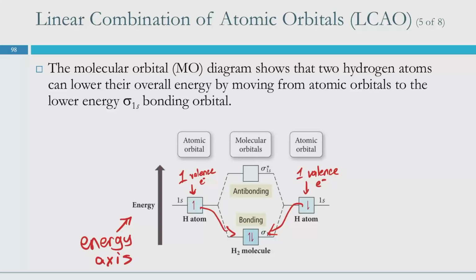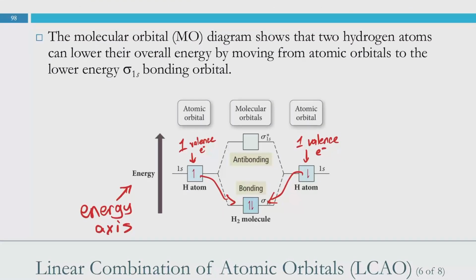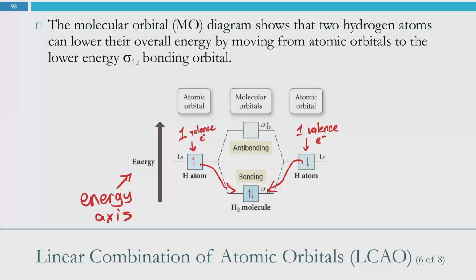So they're always going to fill in from the bottom up. In this case, we only had two to put in, and so we paired them up in the bonding orbital. We've got the one up, the one down, and then we're done. And so this shows us, because the bonding is lower in energy, that the atoms can lower their energy by entering into this bonding agreement.